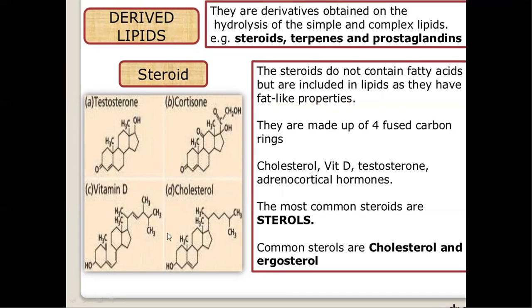Among steroids, cholesterol is the main steroid, which is a precursor for the formation of cortisone, testosterone, vitamin D, and bile acids. Cholesterol and ergosterol are called common sterols.